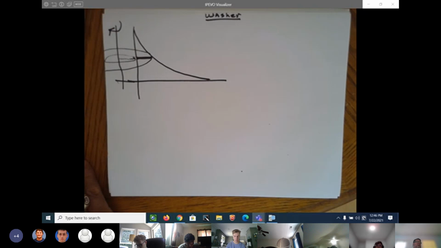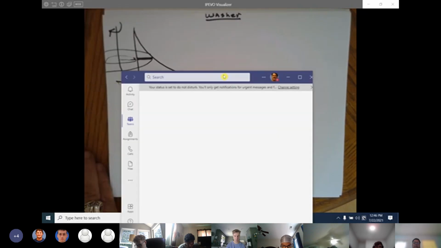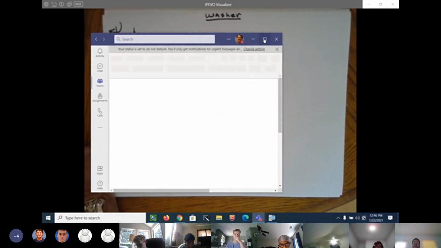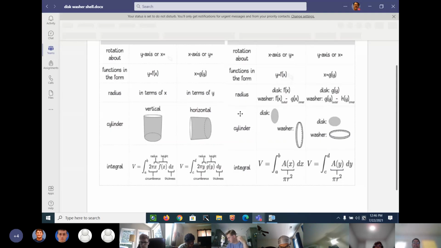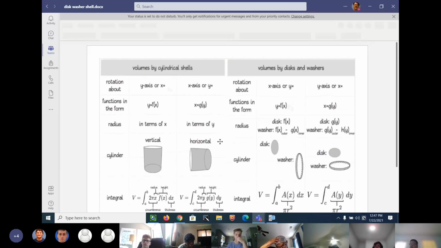It's called Disc Washer Shell. And it's this one right here. And we're doing a washer. So you look up washer. So disc and washer right here.